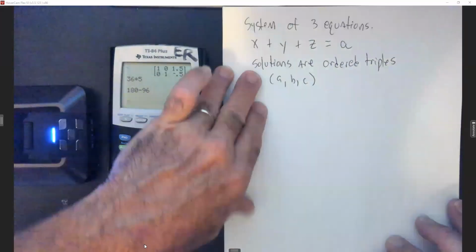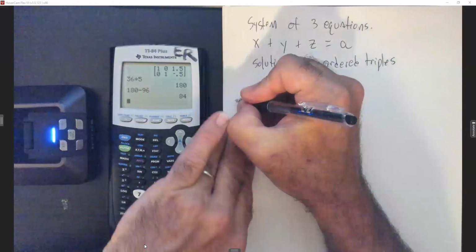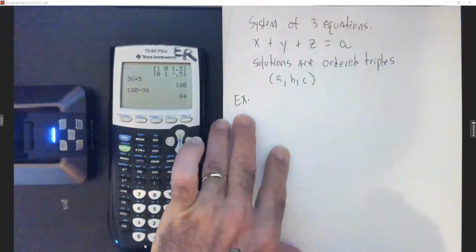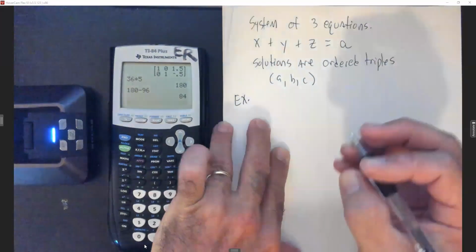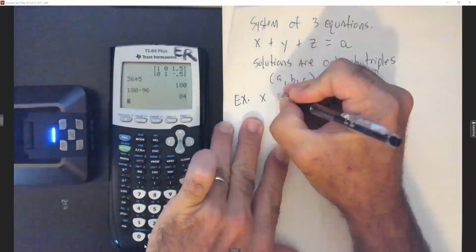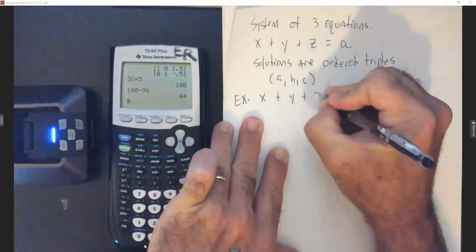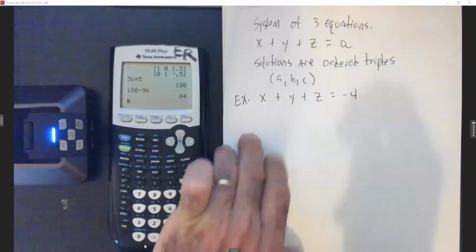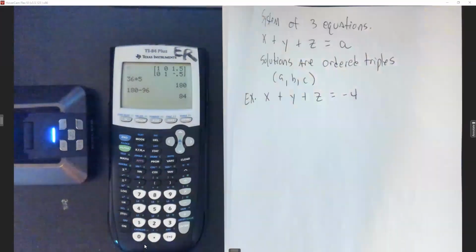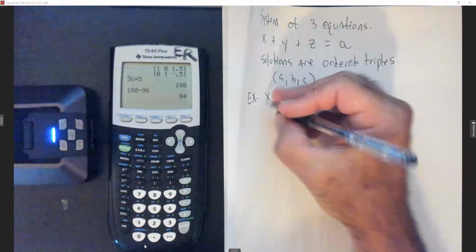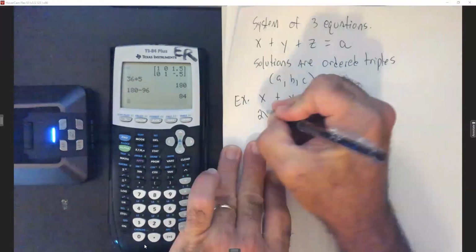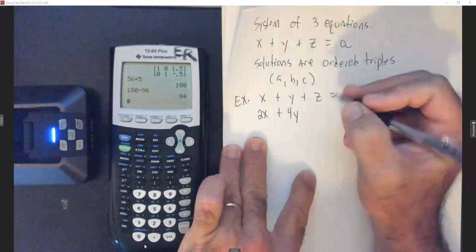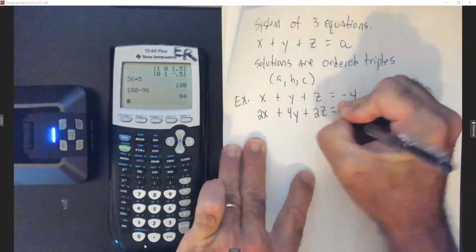So, y'all ready to jump on to the big ones? Now, let me write my first problem up here. x plus y plus z is going to equal -4. 2x plus 4y plus 2z is going to equal 2.